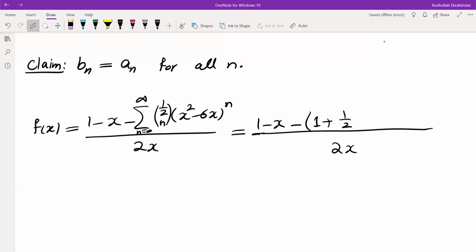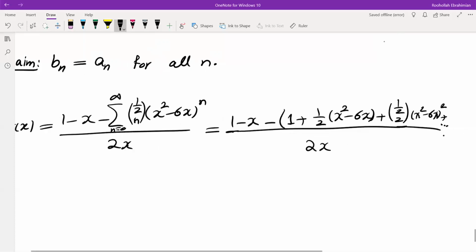And that is x squared minus 6x. The next term is 1/2 choose 2, x squared minus 6x squared. And every term after that would have more powers of x than I need.